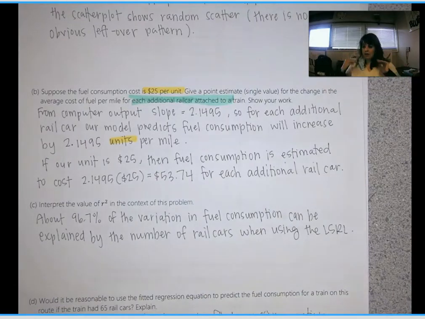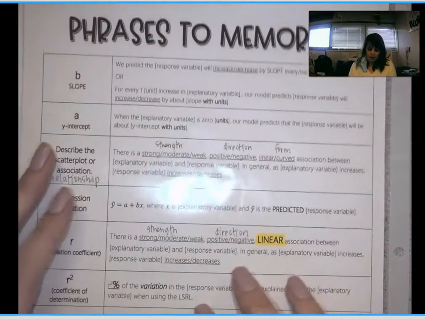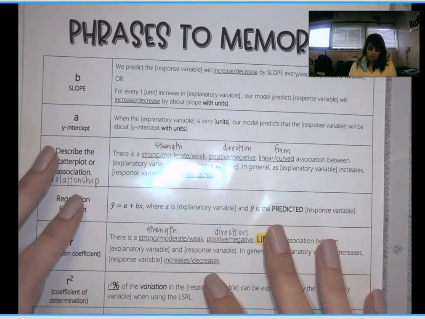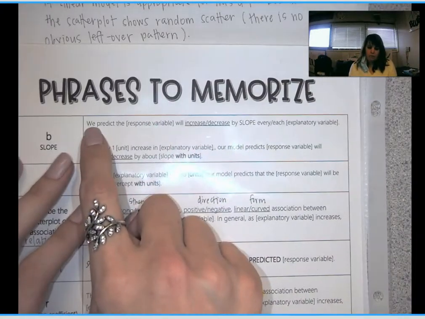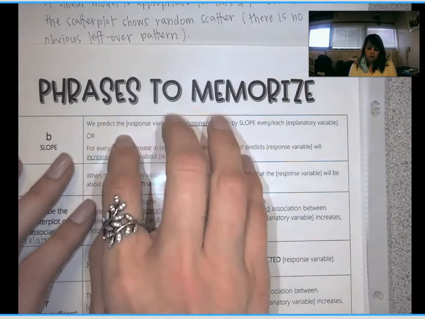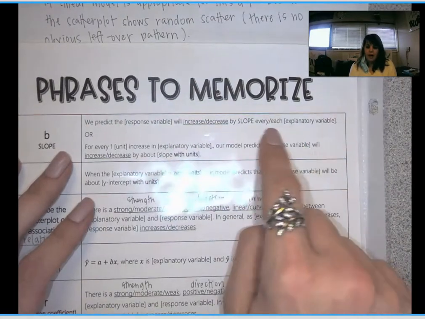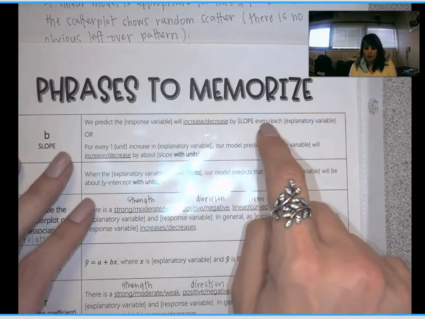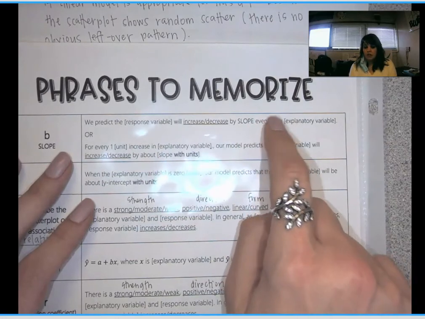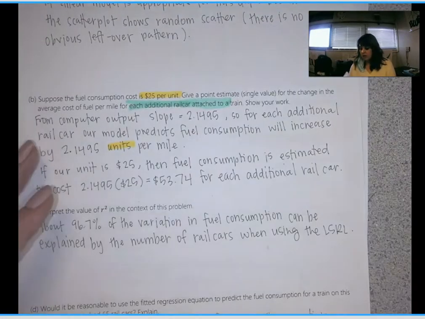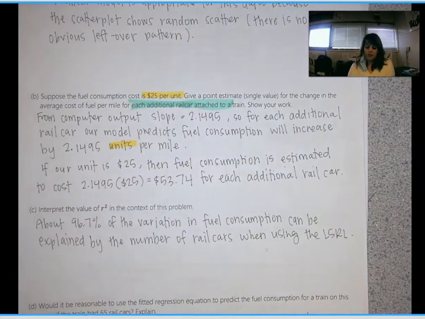That's describing slope. And in your phrases to memorize, even our sentence frames have this wording, for each or for every. So that is what indicated to me, well, let's look at slope.